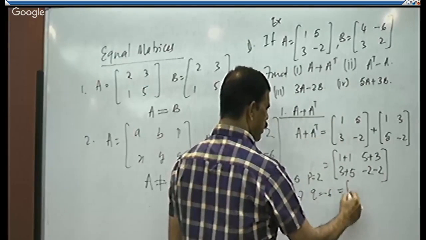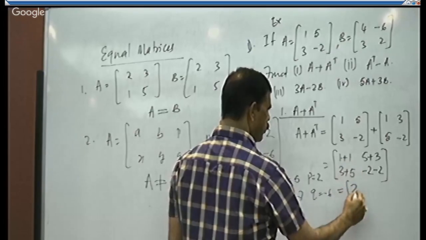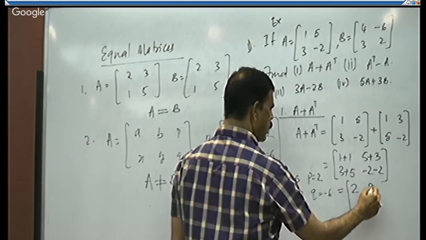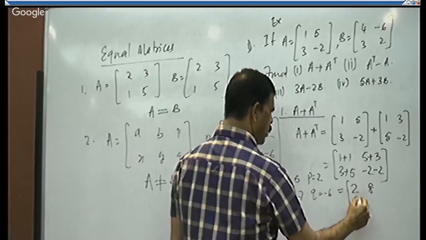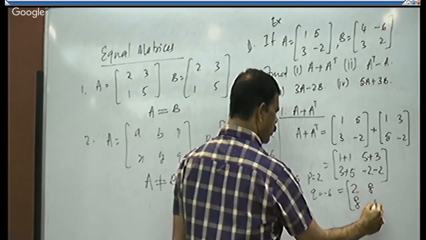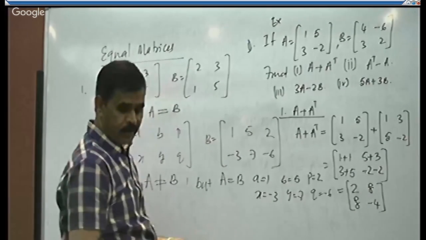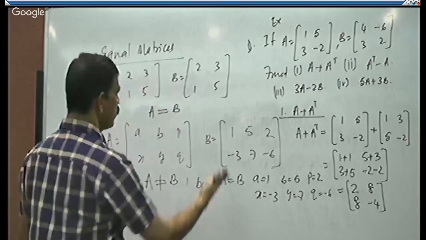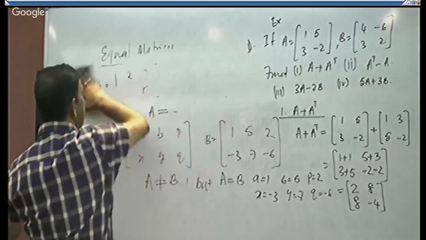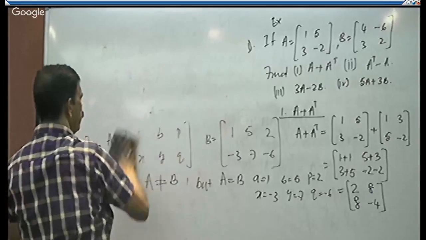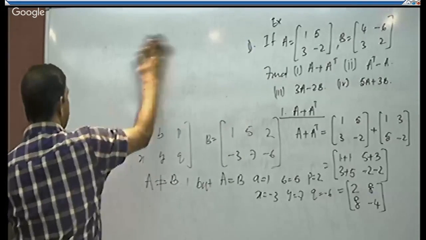Then what is the answer? 1 plus 1 is 2, 5 plus 3 is 8, again 5 plus 3, 8, minus 2 minus 2 is minus 4. So when we have the same sign with the numbers, then we should add them. Minus 2 minus 2 is minus 4.